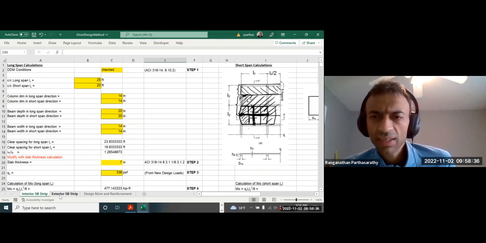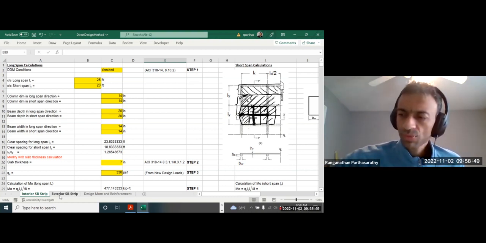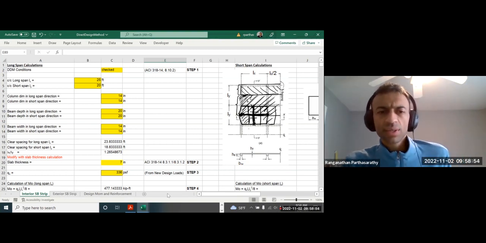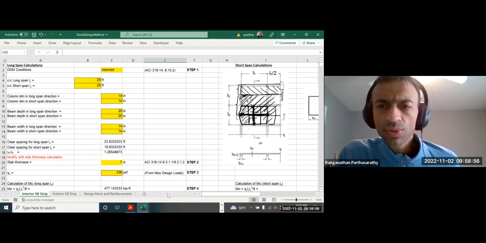Whatever is missing here, like I'm missing the interior slab beam strip for the short span. Okay, so this is the exterior panel. I've done long span here, short span there. I think I've done all of it here actually.